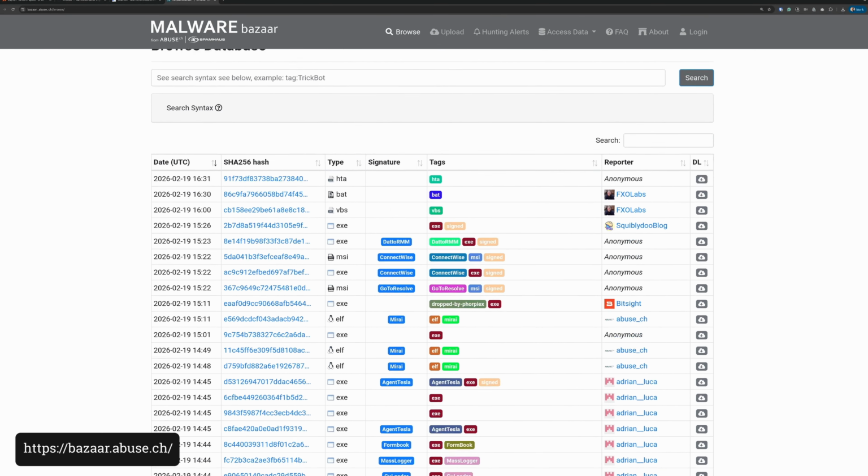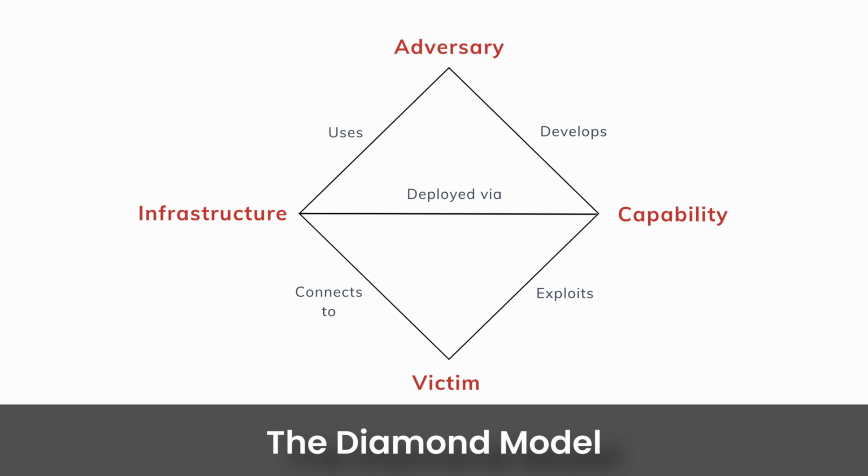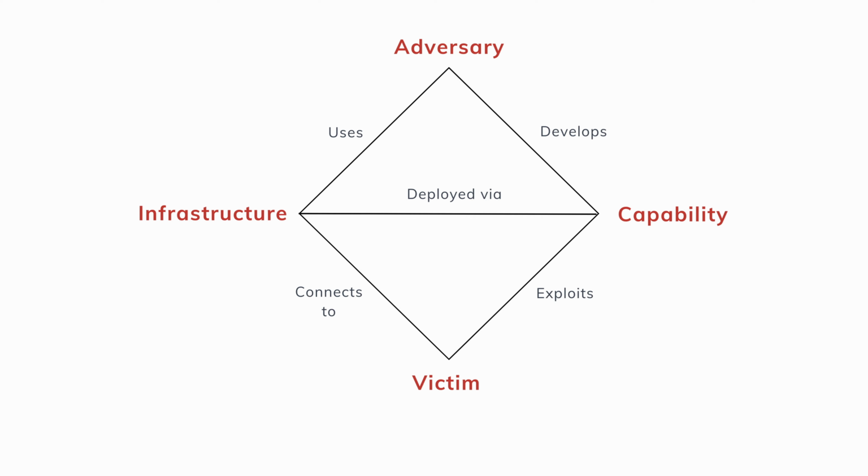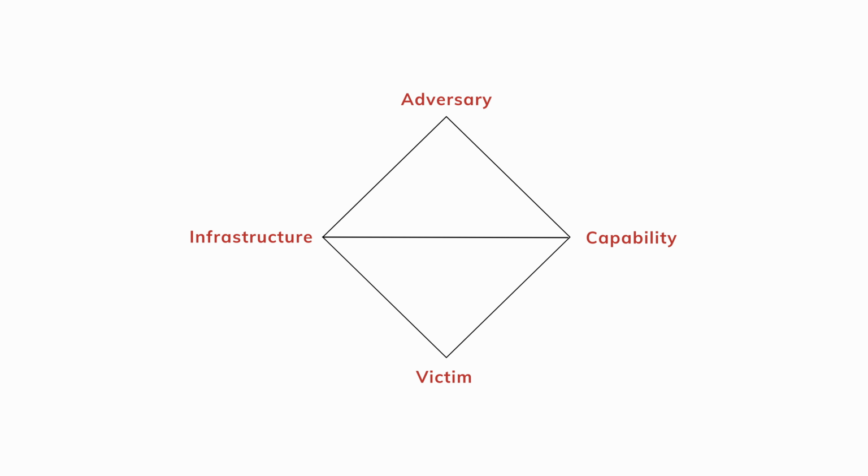But the real power is when you perform pivoting using the diamond model. The diamond model has 4 points: adversary, capability, infrastructure, and victim. You map every piece of evidence to one of these points and pivot to discover connections. For instance, say you find a malicious domain.